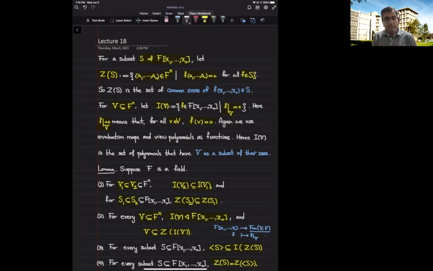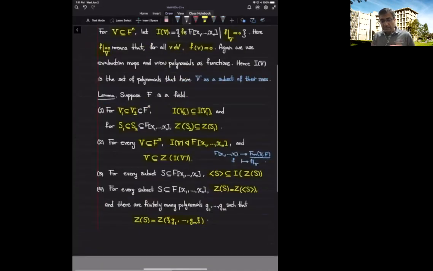That means the functions such that for every v inside the set V, f of v is 0, so the set V consists of zeros of these polynomials. Now we have two types of functions. One of them takes a subset of polynomials and gives us a subset of F to the n. The other goes the other way around: it takes a subset of F to the n and gives us back a subset of the ring of polynomials. Now let's start with basic properties of these two functions, Z and I.